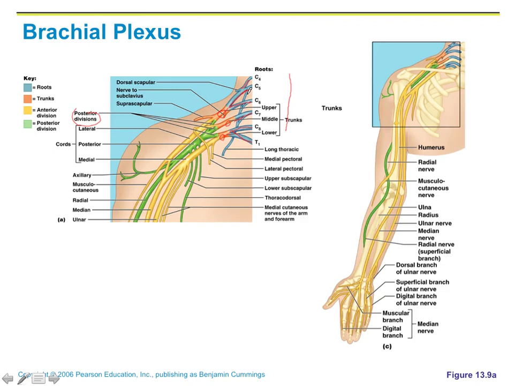So we can see C5, C6, C7, C8. C5, C6, and C7 also send branches to unite together to form the long thoracic nerve. This long thoracic nerve is on the posterior side. Then let us continue.